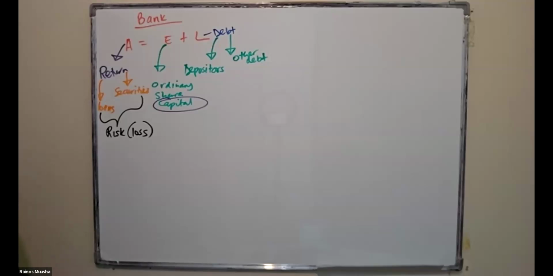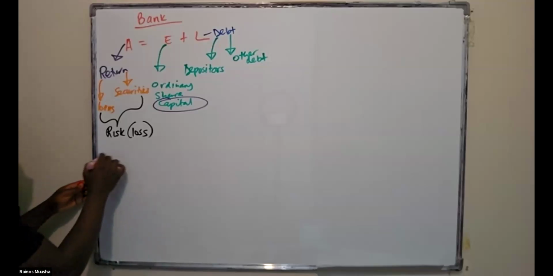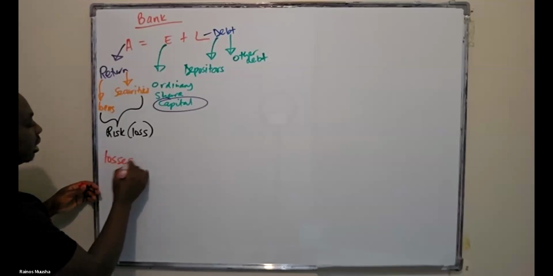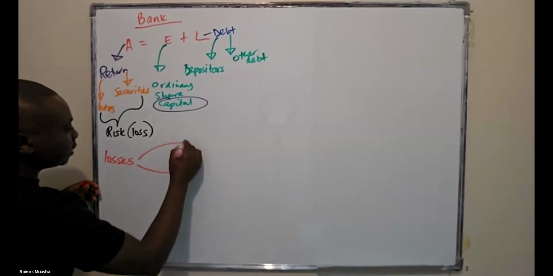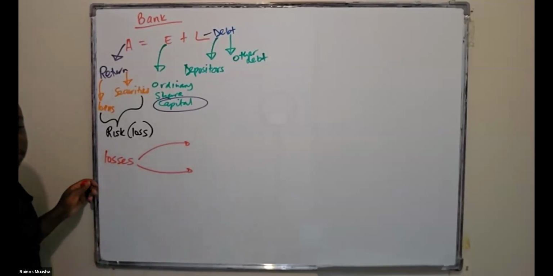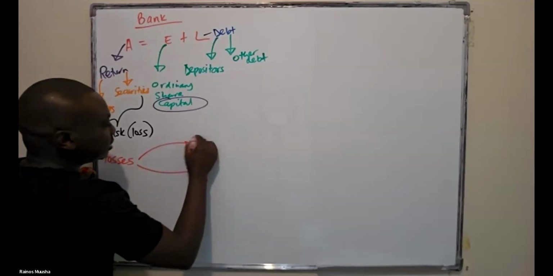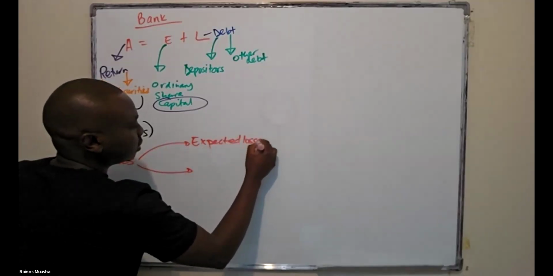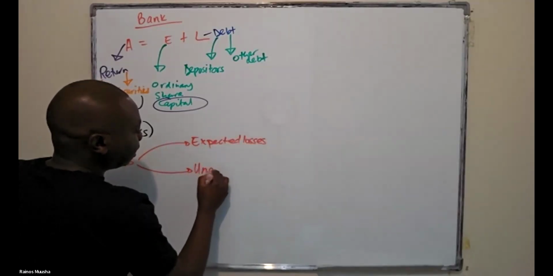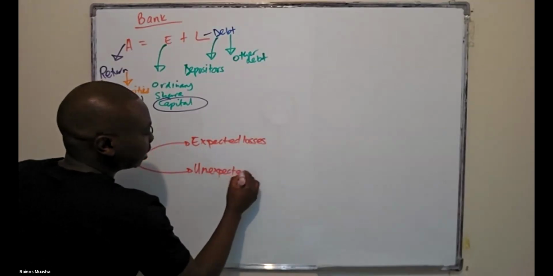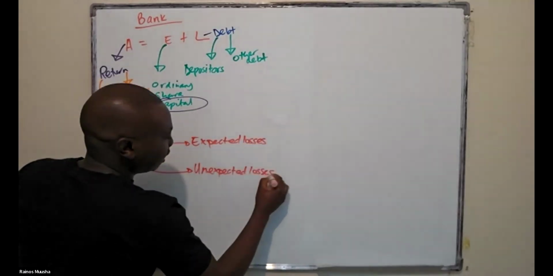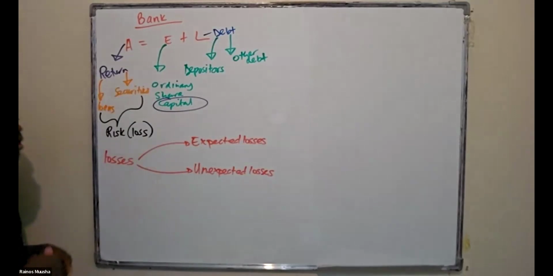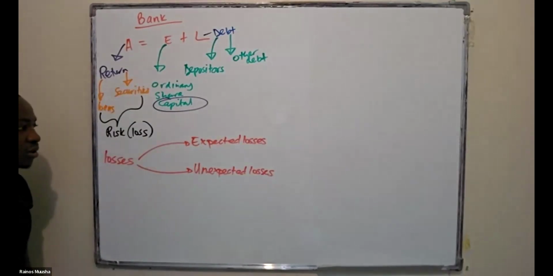These losses can be categorized mainly as two types: expected losses or unexpected losses.